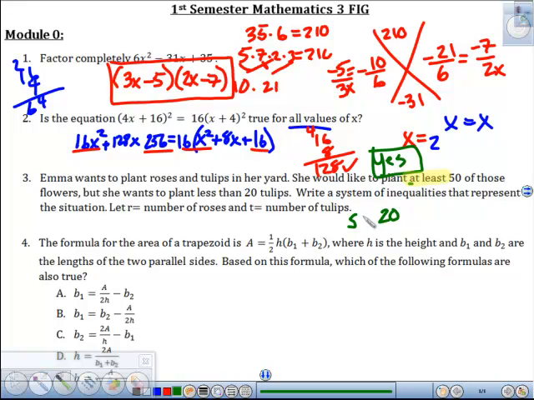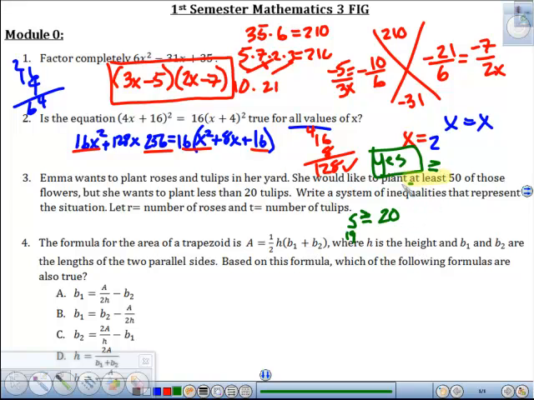Yeah, okay, so you could spend $20. Now can you spend $19? Well, would that be at least 20? No. So basically whatever you have to spend, it could equal 20, but it also has to be greater than 20. So this phrase is this symbol right here.